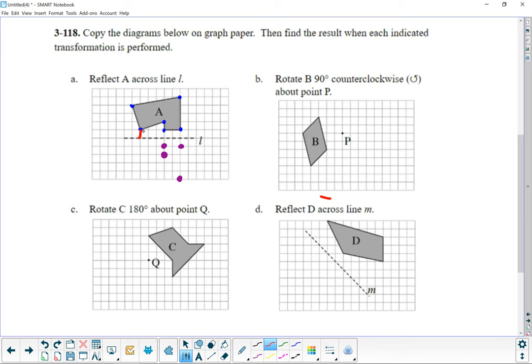This is 1 unit up, so I'm going to go 1 unit down and put a point there. And then finally, I've got 1, 2, 3, 4 units down, so I'm going to go 1, 2, 3, 4, and put a point there.